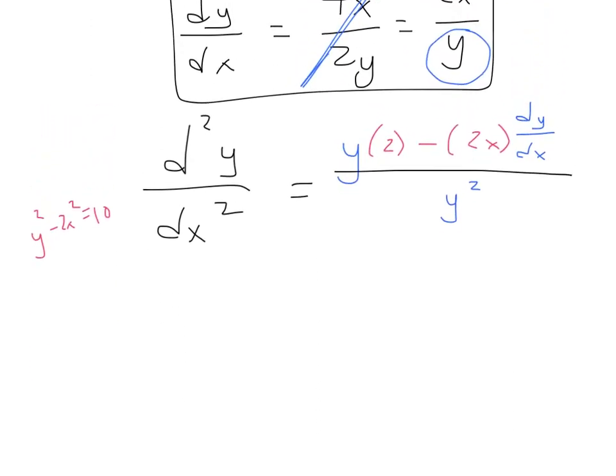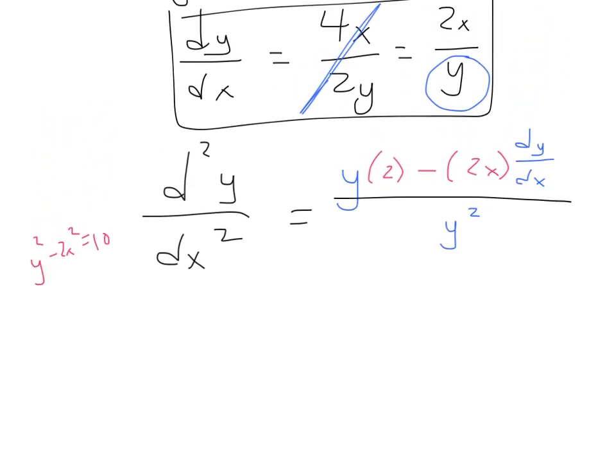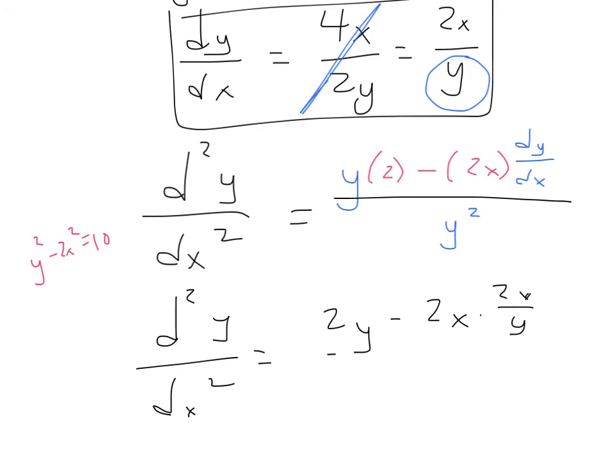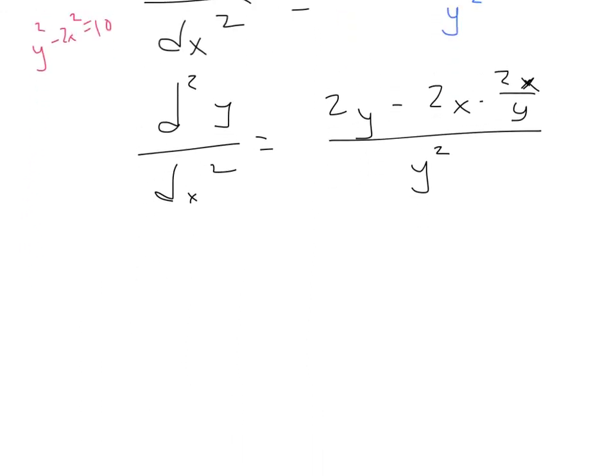So now I need to simplify this thing, right? But I noticed something. This dy/dx here, I know what dy/dx is. dy/dx is 2x over y. I can substitute 2x over y into this thing right here. I'll get d squared y/dx squared is 2y minus 2x times 2x over y, all over y squared. Right? So next up, and this is where things kind of get a little bit funky, this business of having a fraction with a fraction is just never good news.